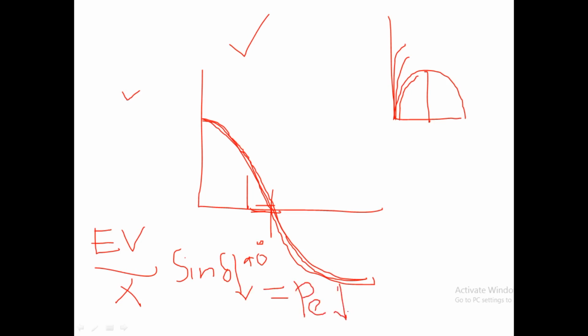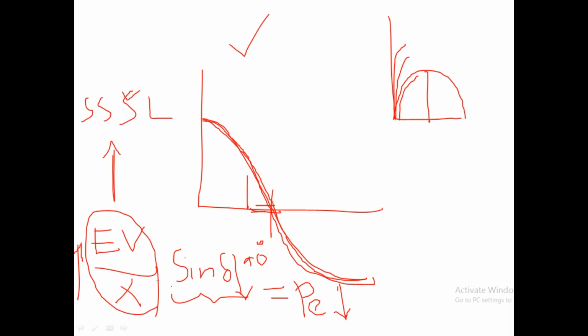So at a smaller value of delta, how can we increase PE? We have to increase this term. If this is more, the condition can be improved. So what is this EV by X? This EV by X is actually defined as P max, or the steady state stability limit.